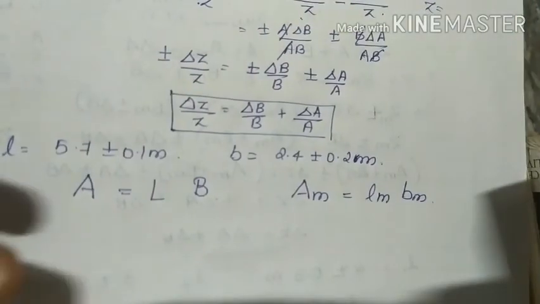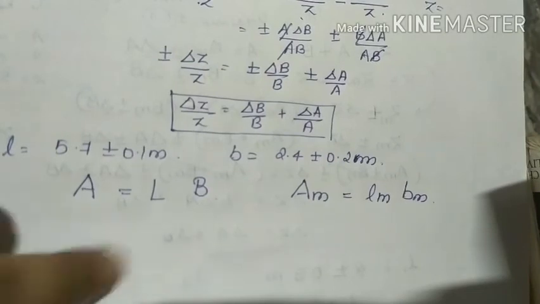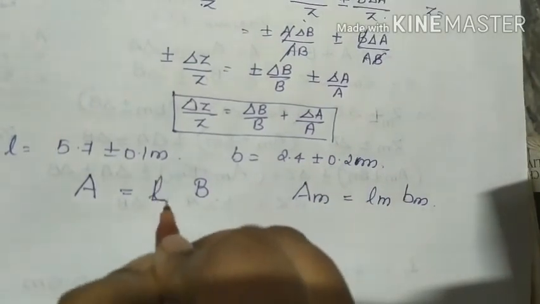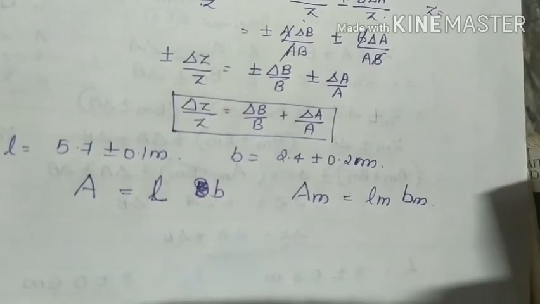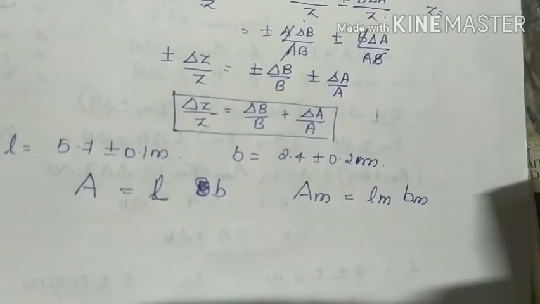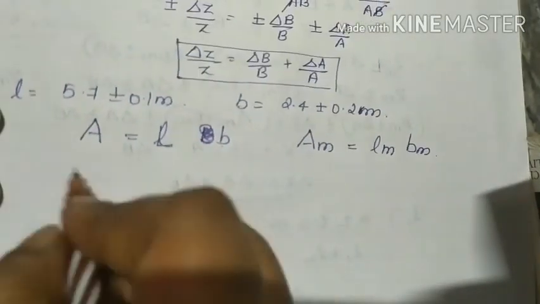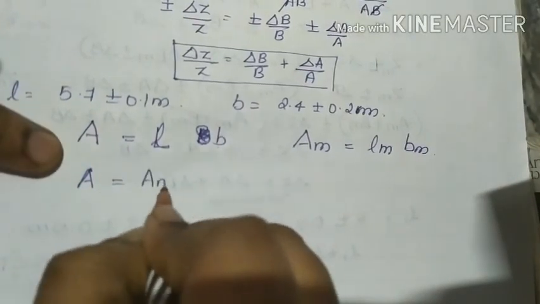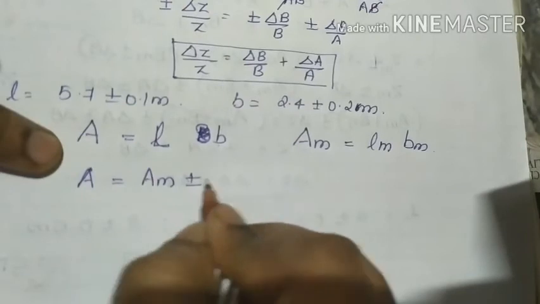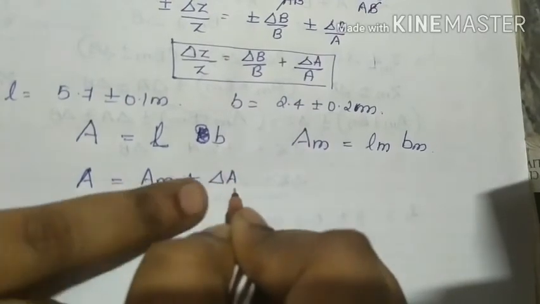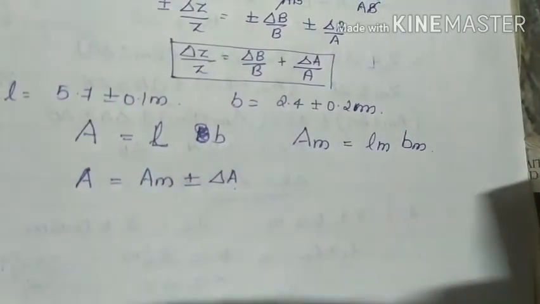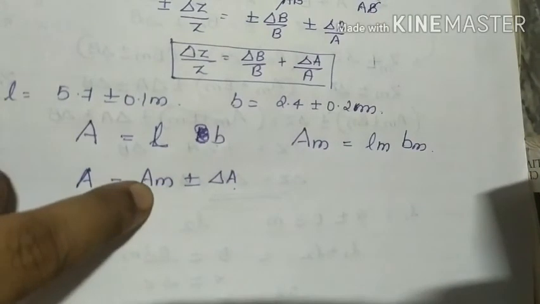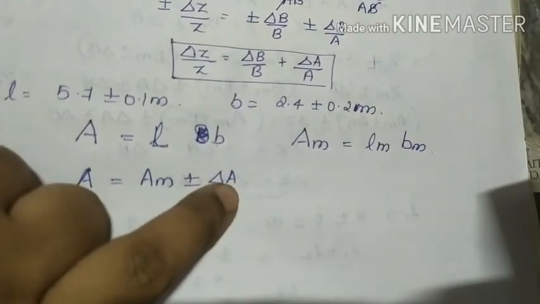This much clear? So the actual area is equal to measured area plus or minus delta A, where this is the error in the area. So you have to find this AM as well as you have to find this delta A.